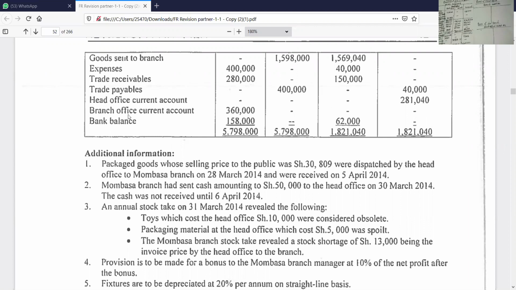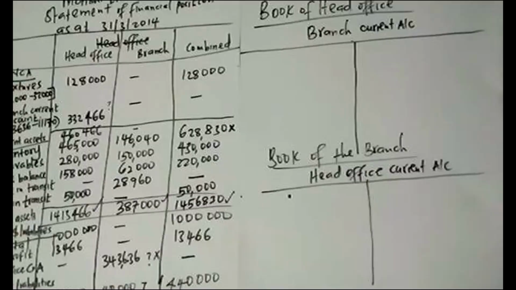Then under the branch office current account, this 360 is under the column of the head office, and it's on the debit side. So I will debit that, under the column of the head office. So branch office current account, the 360.